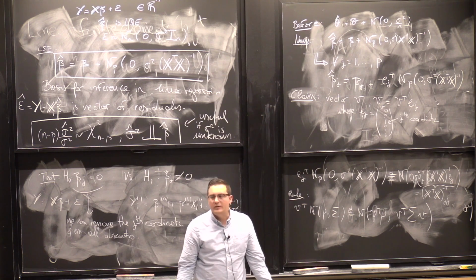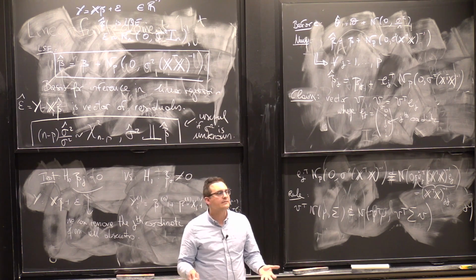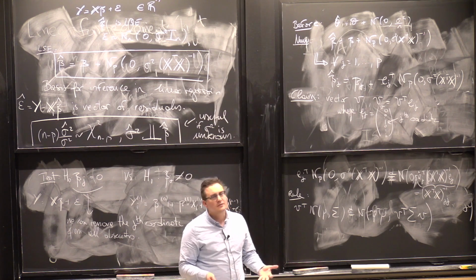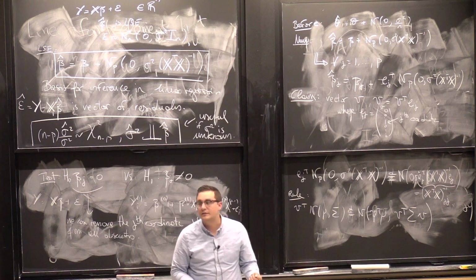Now, I cannot go any further, right? X transpose x inverse can be a complicated matrix, and I do not know how to express its jth diagonal element much better than this. It involves basically all the coefficients.